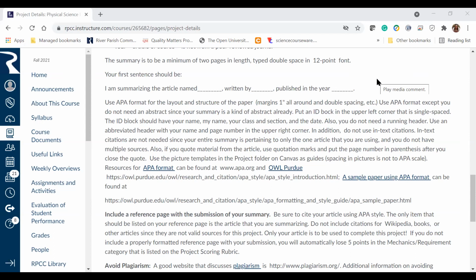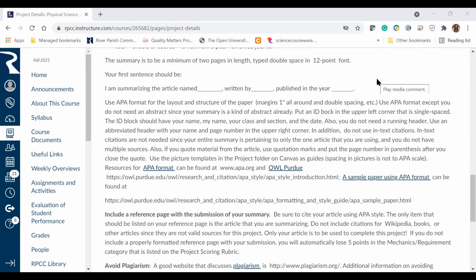The only thing you do need to pay attention to is, number one, that you're writing the summary in your own words, telling me what the article is about. Number two, you're telling me how the article connects to this lecture class. And number three, if you quote material from the article, which you're allowed to do in a limited capacity, then you have to put quotation marks on what you quote.